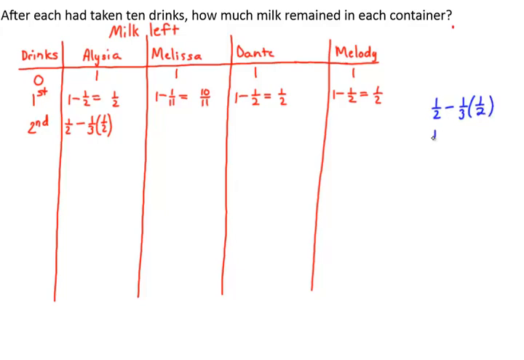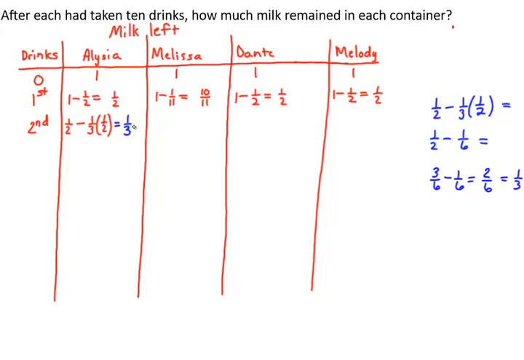So this is going to be 1/2 minus 1/6. We need a common denominator, so that's 3/6 minus 1/6 equals 2/6, which is equal to 1/3. So I have 1/3 left.